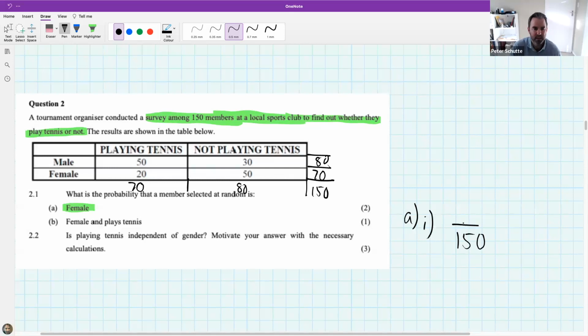So the probability of being female when randomly selected is 70 out of 150. Okay. What is the probability of the randomly selected person being female and playing tennis? So I'm looking for female and playing tennis.